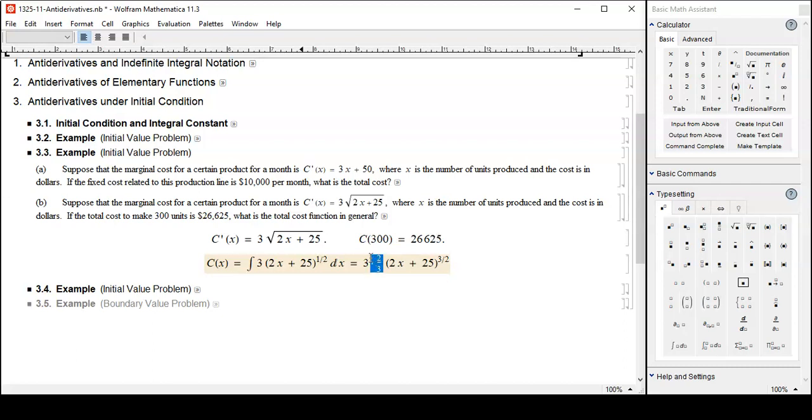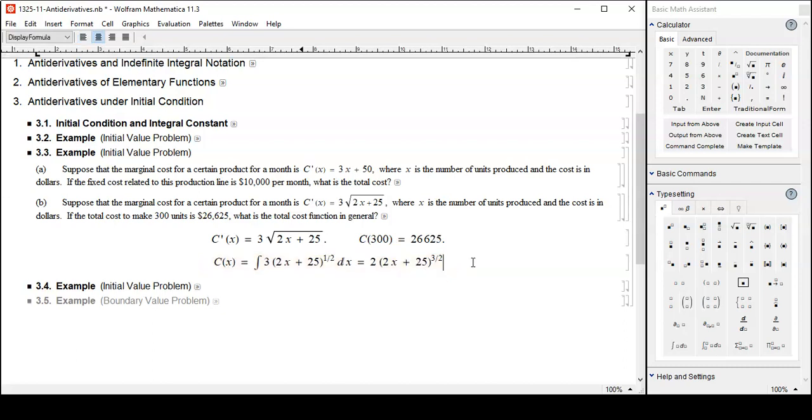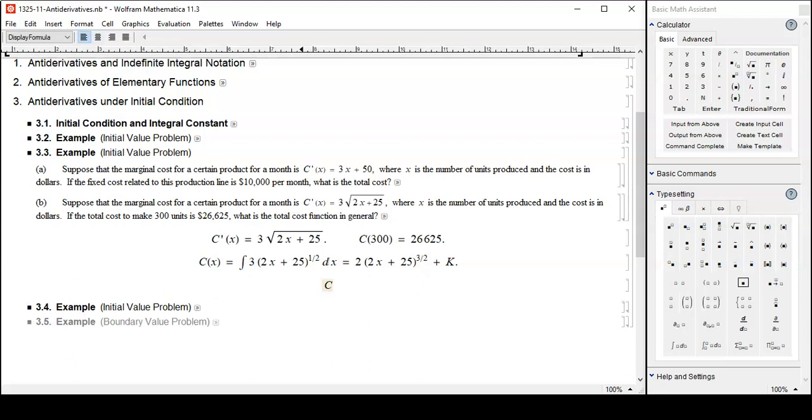So what do we get? We just get 2, and then the constant plus k. Okay, how about this initial condition? C of 300 is 2 times, oh my, looks like you'll have to use a calculator for this.